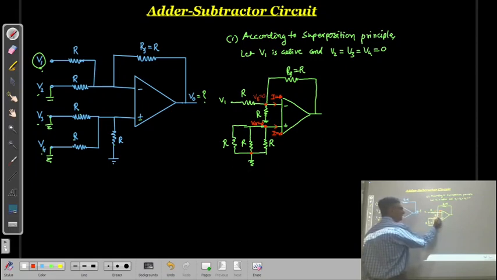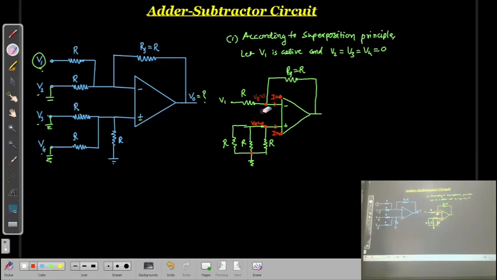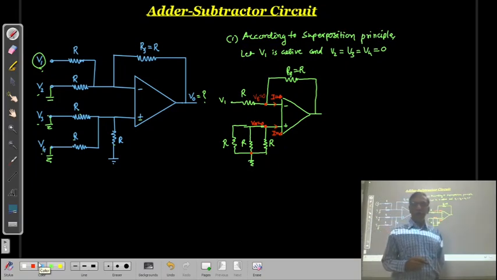This is also a ground. There is no flow of current, or you can consider it a kind of short circuit, and here you can remove this resistance. If you remove this resistance, you will find that it is an inverting amplifier.